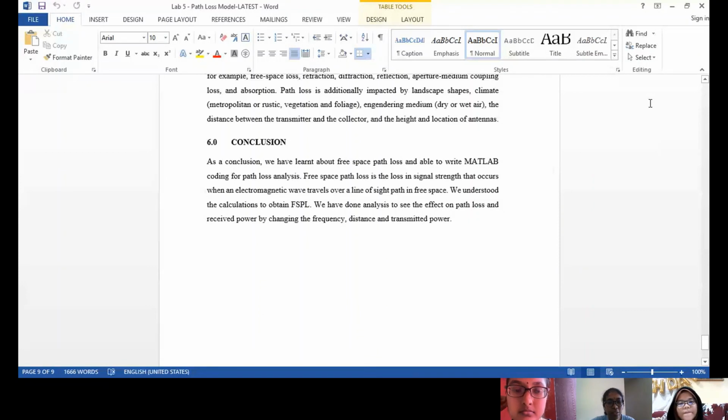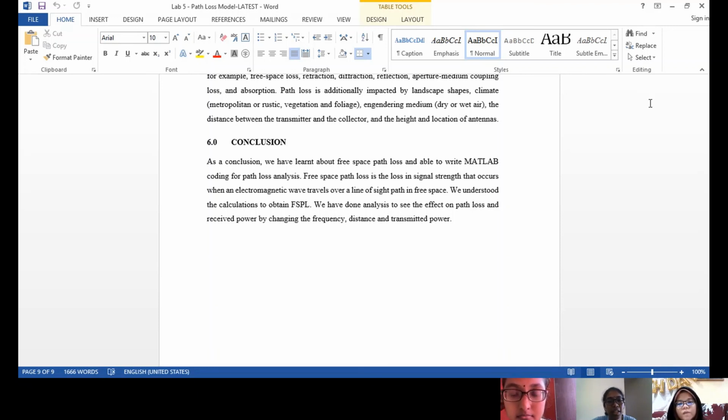Okay, so I will close the discussion with a conclusion. As a conclusion, we have learned about free space path loss and are able to write MATLAB coding for the path loss analysis. Free space path loss is the loss in signal strength that occurs when an electromagnetic wave travels over a line of sight path in free space.